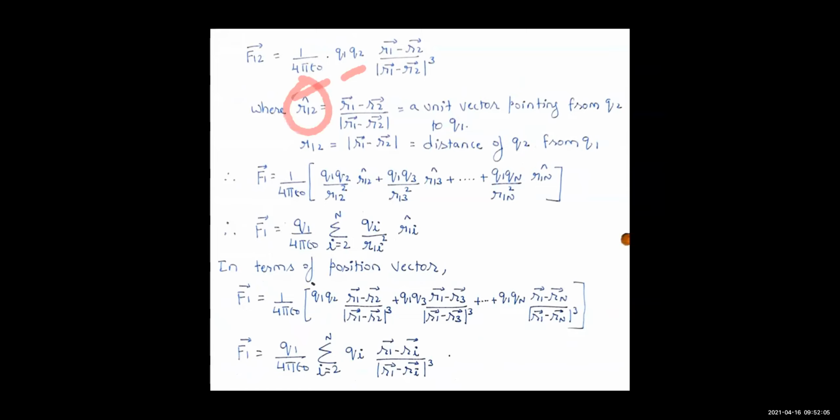Because unit vector R12 is nothing but vector R12 upon magnitude of R12. But R12 is vector R1 minus R2 upon magnitude of R1 minus R2. This I have already told you. So if you put this value, you are going to get this.